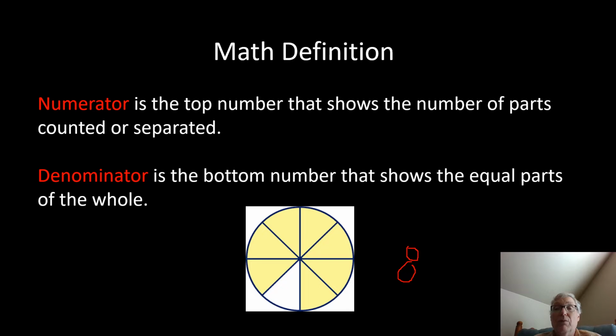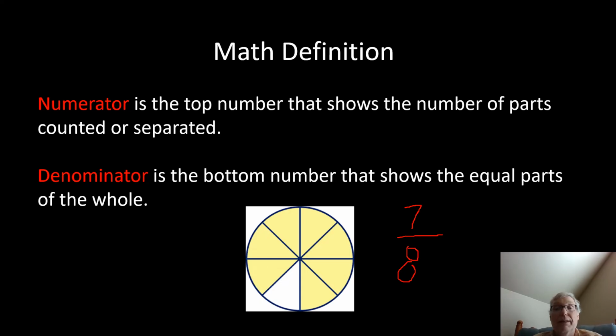Now, in order to find the numerator, I just need to count how many yellow pie shapes there are. There's 1, 2, 3, 4, 5, 6, 7. So 7 becomes my numerator. I can say 7 out of 8 are yellow, or 7/8 are yellow. That's my fraction. Now think about what my fraction would be for the white pie shape out of the whole.